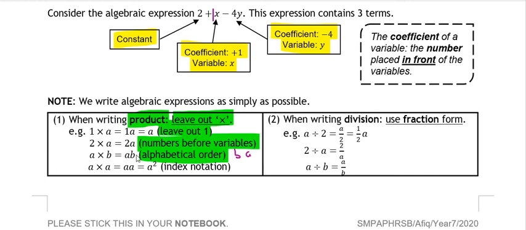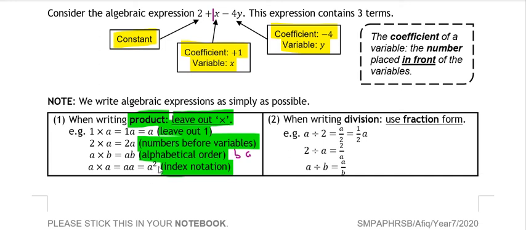Let's say 2 times 3 is 6, and 3 times 2 also equals 6. And then the last one here, when you do the product of 2 same variables, a times a, it means aa. So aa means a square. For example, let's say a is 3, 3 times 3 is 9, and 9 is also represented by 3 square, right? So that's for the product.